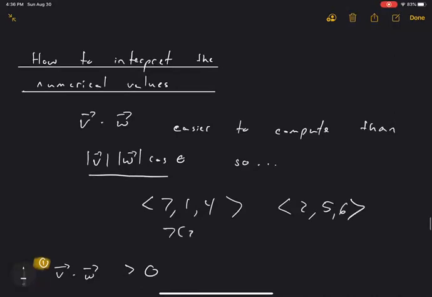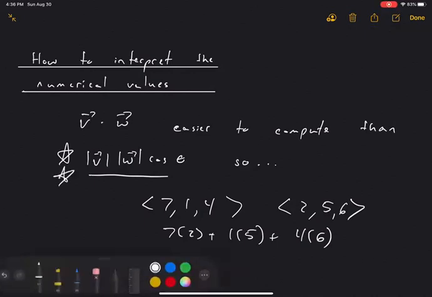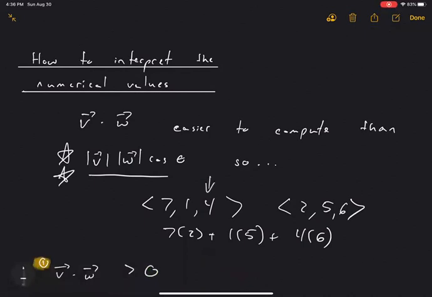It's just 7 times 2 plus 1 times 5 plus 4 times 6. So that's the dot product. On the other hand, this thing should give us the same number, but calculating it this way would be pretty difficult, right? Because I would need to first find the length of this vector, then the length of this vector, and then I would have to know the angle in between them. So this form is harder to find.